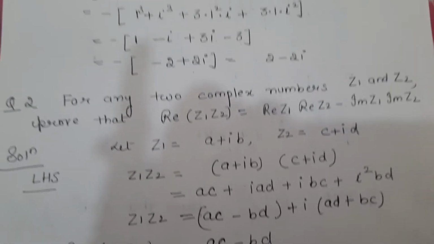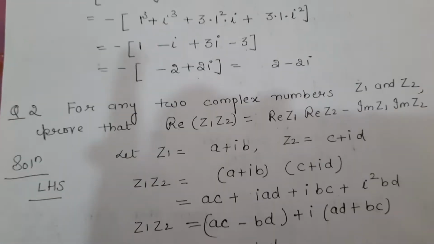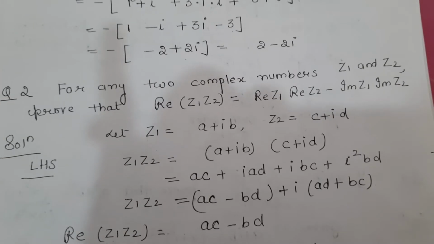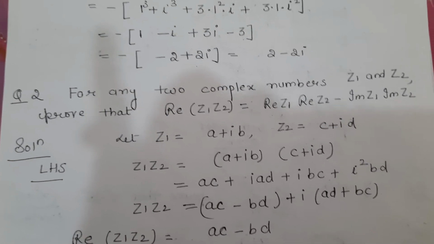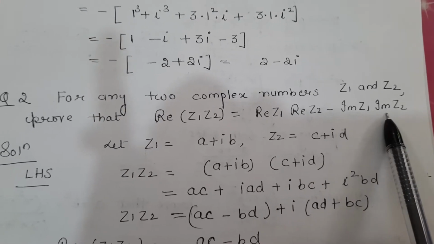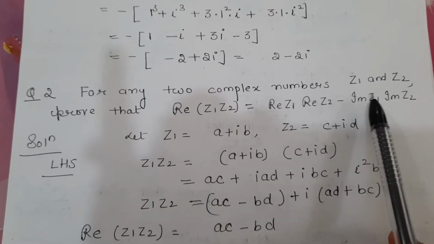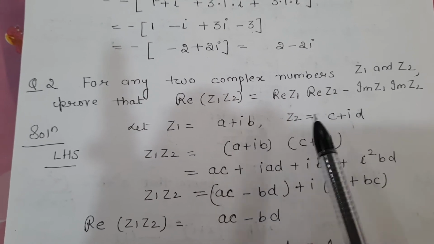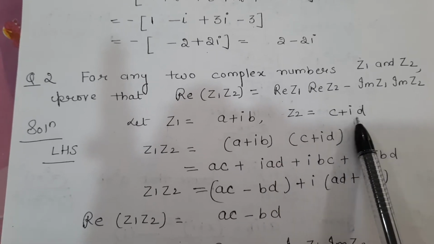Second question. For any two complex numbers z1 and z2, show that the real of z1 into z2 is equal to real of z1 into real of z2 minus imaginary of z1 into imaginary of z2. For doing such type of question, first you will suppose that let z1 is a plus iota b and let z2 is c plus iota d.